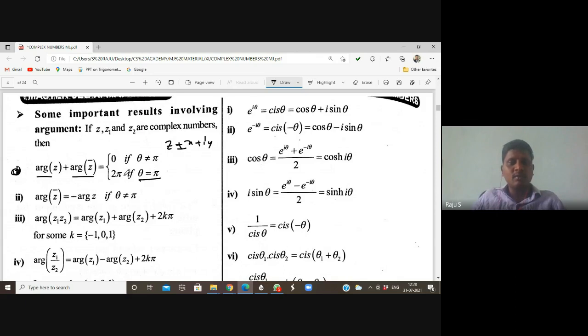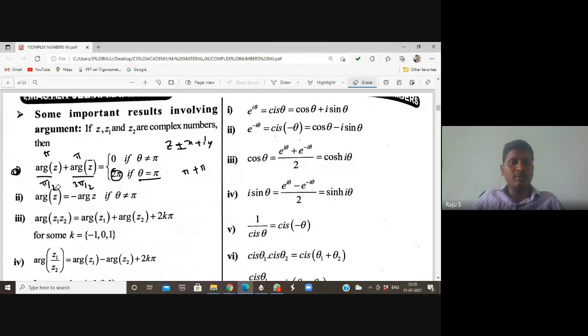When theta is equal to pi, here argument of z plus argument of z conjugate is pi plus pi. This will be, we are getting pi. Otherwise, if it is pi by 2, we are going to get 3 pi by 2 for z conjugate. Overall, when we add these two, it becomes 360. That you have to remember.